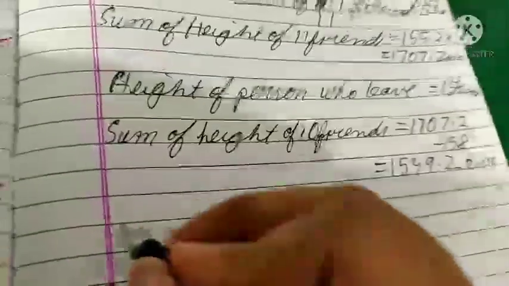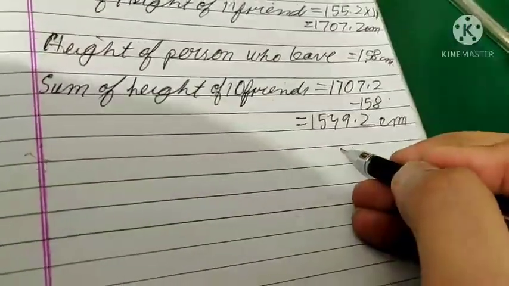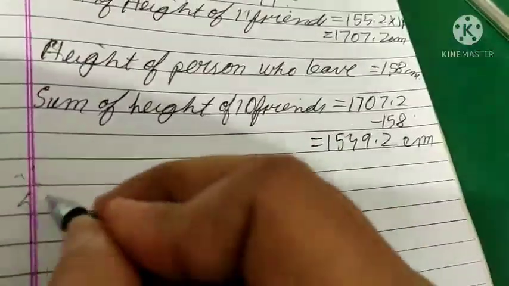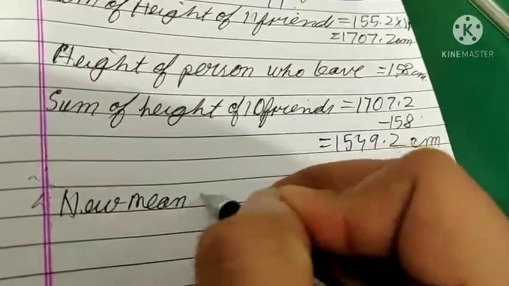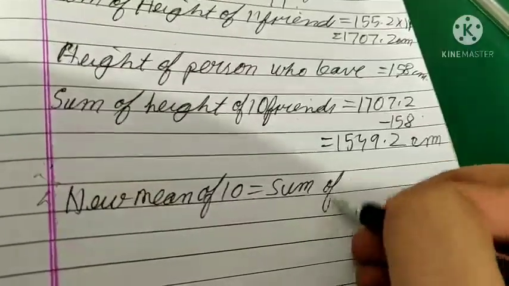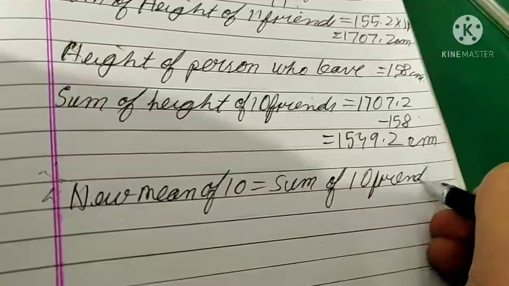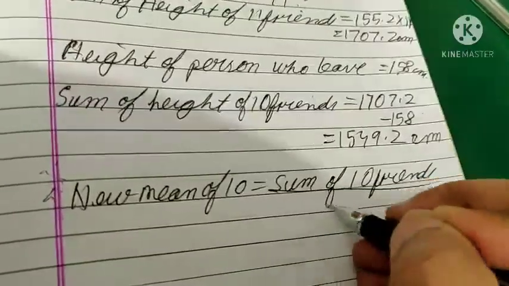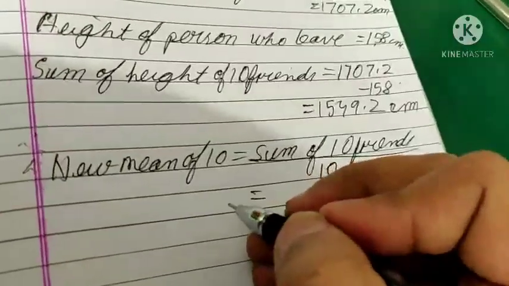So we have to find the new mean. New mean means the mean of the remaining 10 people. New mean of 10 equals the sum of 10 friends upon the total number of friends, that is 10.